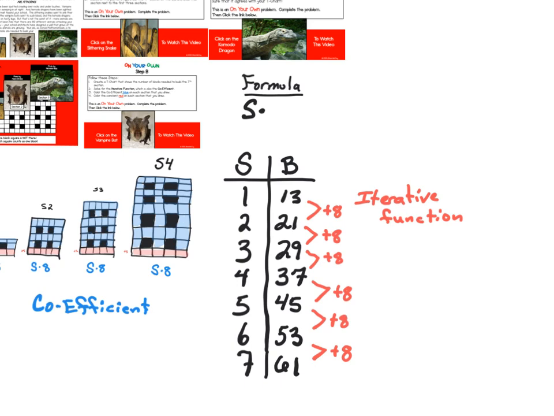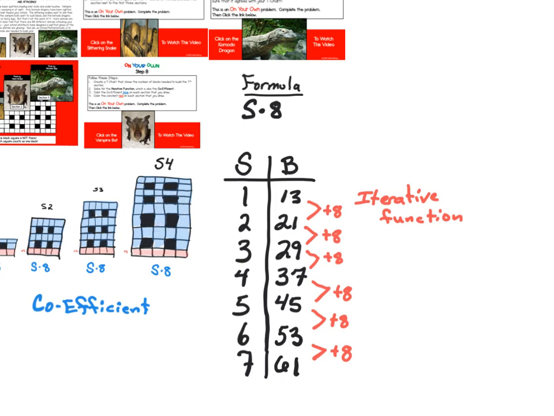That's always going to be the beginning of the formula if you have an iterative function that's consistent right away. So we're going to use S times 8. And if you look over here, we've got that written already in blue, right? So S times 8 is all the blue sections that are written on our growth patterns here.